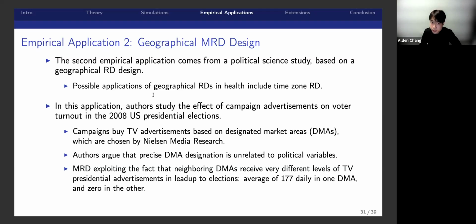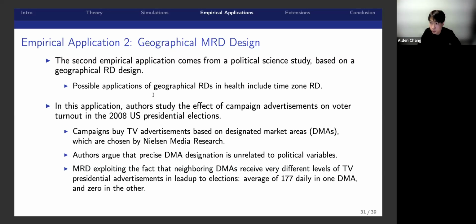Political campaigns buy TV adverts based on designated market areas, DMAs, which are chosen by Nielsen Media Research. And the authors argue that precise DMA designation is unrelated to political variables. So what we're doing here is using an MRD design exploiting the fact that neighboring DMAs receive very different levels of TV presidential advertisements in the lead up to elections.